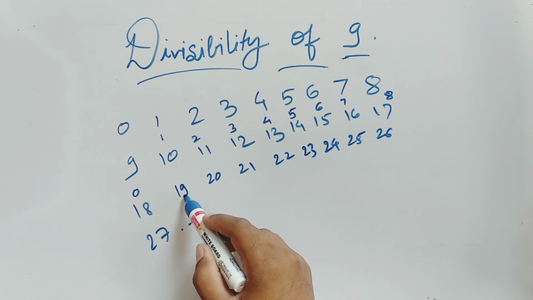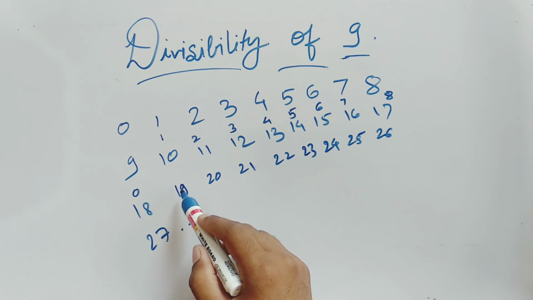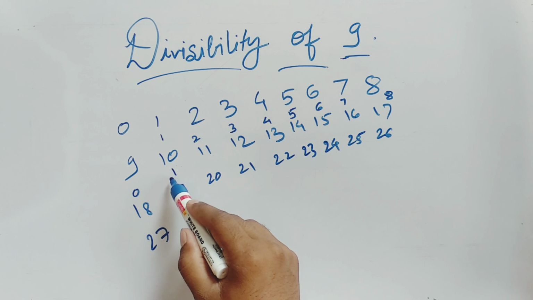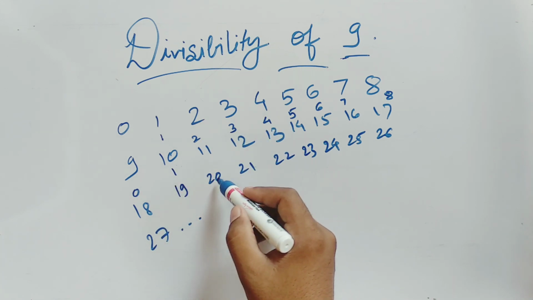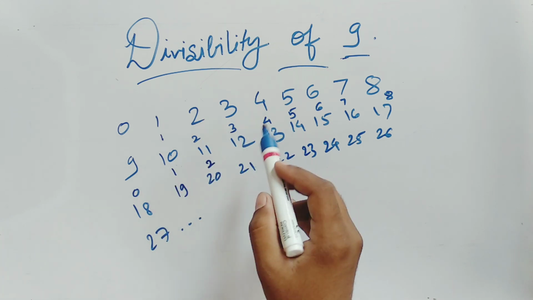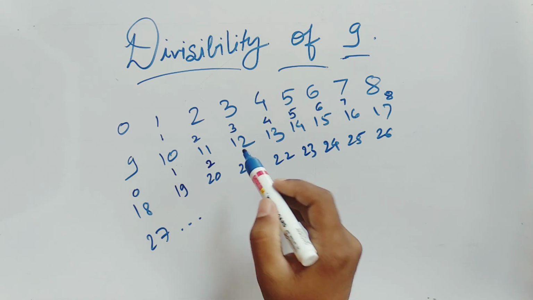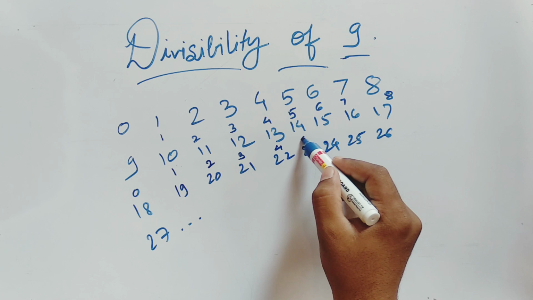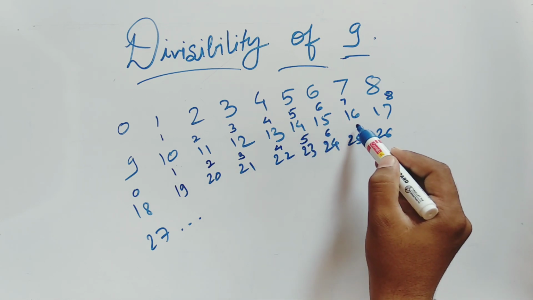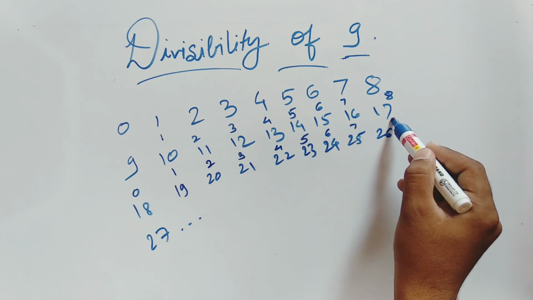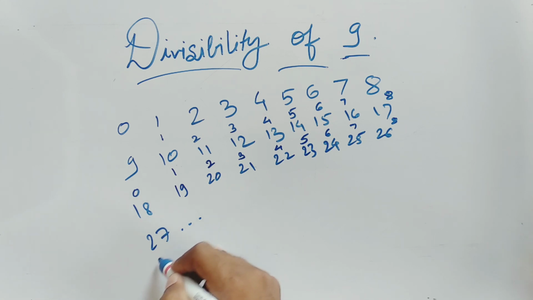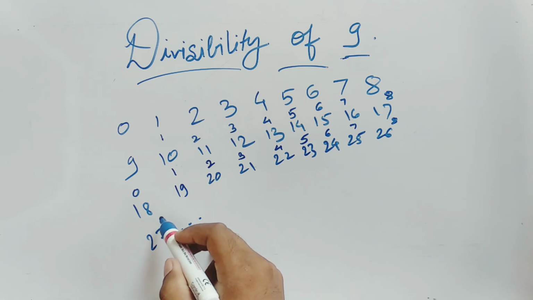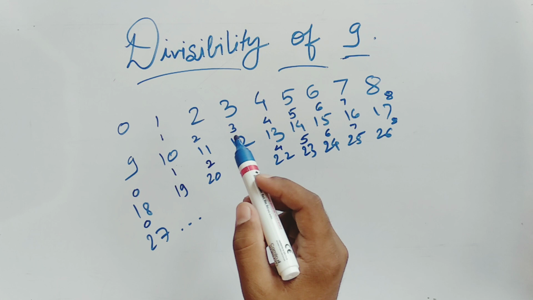When 19 is divided by 9, 9 twos are 18 plus 1 is 19, so 1 is the remainder. Similarly for 20, 2 is the remainder when divided by 9. For 21, the remainder is 3, for 22 it is 4, 23 gives 5, 24 gives 6, 25 gives 7, 26 gives 8, and as 27 is completely divisible by 9, we get the remainder 0.